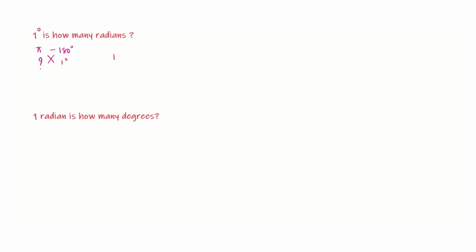That is, the radian measure is equal to pi by 180 into the degree measure. We get pi by 180 into 1. Substituting the value of pi as approximately equal to 22 by 7, we get the value of pi by 180 as 0.01746 radians.